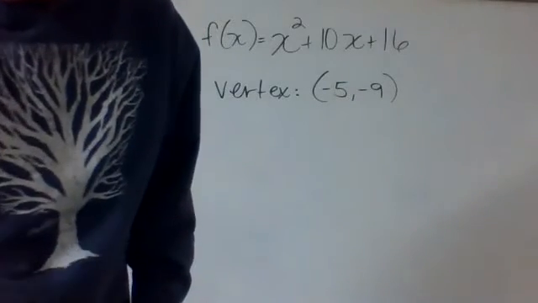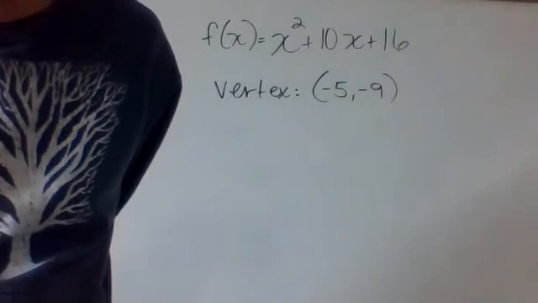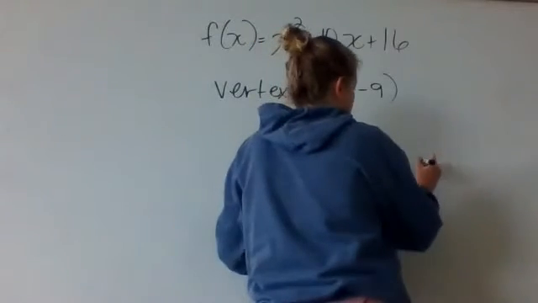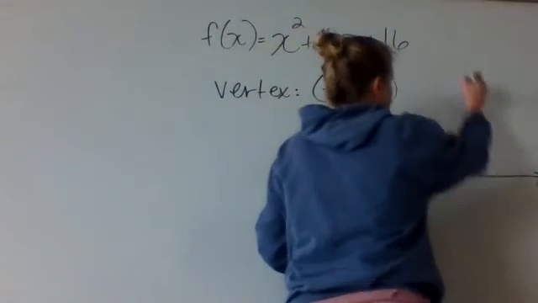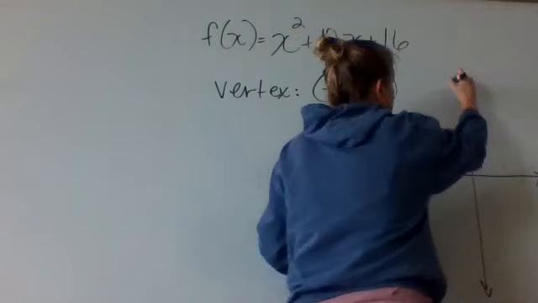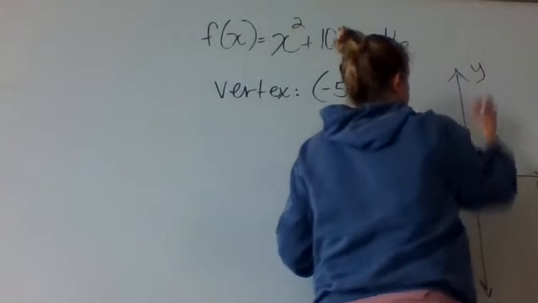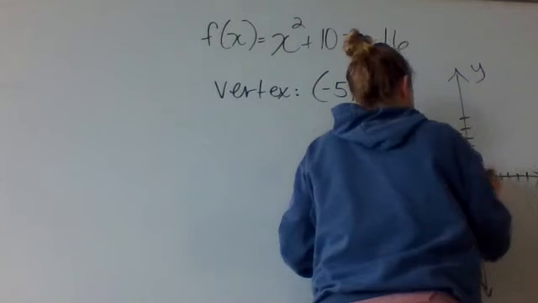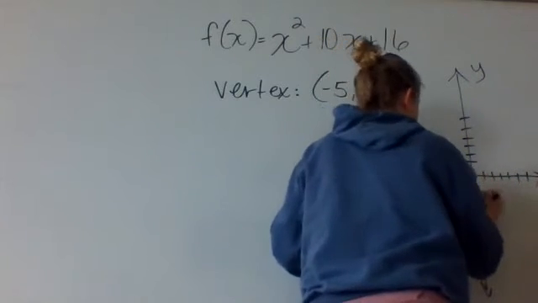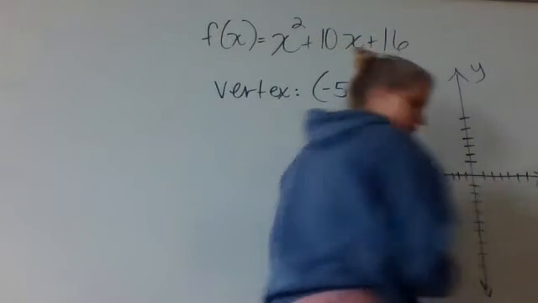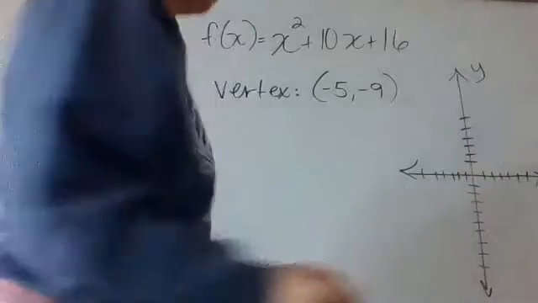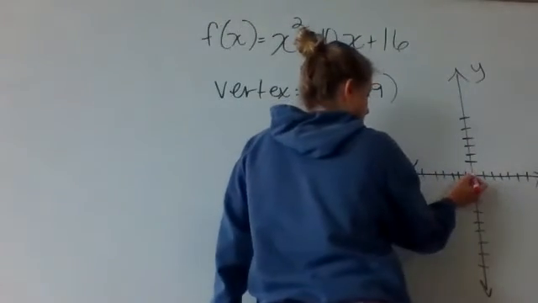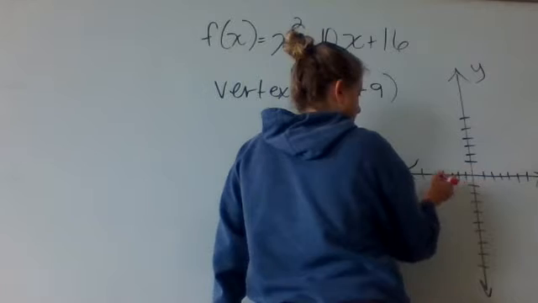Okay, the next thing it's going to say is, does it have a minimum or a maximum value? And find the value. So I'm actually going to draw this one out. Let's sketch it. So here's where the vertex is. Negative 5, negative 9, which would be to the left 5. 1, 2, 3, 4, 5.